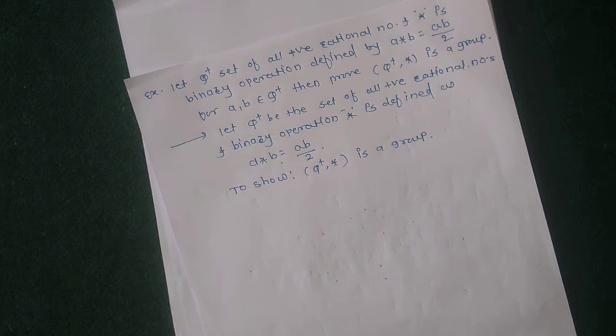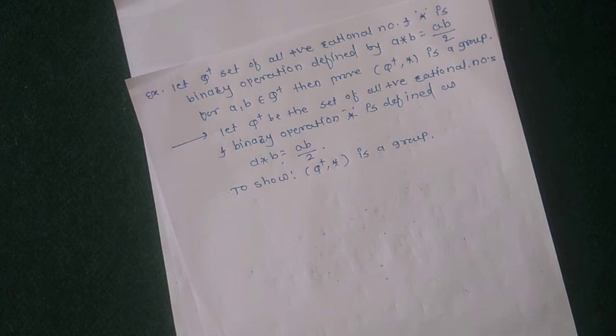To show a given set is a group with respect to a binary operation, there are 4 properties. First is the closure property. Second, the associative property. Third is existence of identity, and fourth is existence of inverse element.